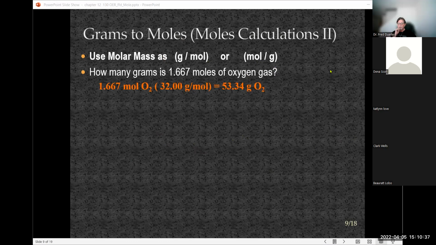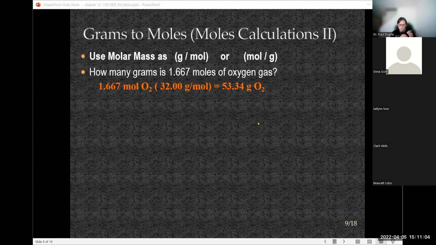So with that, you just plug it into the calculator, and you should have a number of 53.34 grams of oxygen. And so if you have 1.667 moles of oxygen, it has a mass of 53.34 grams. Okay. Again, the atomic weights, the molar masses, are not utilized in determining the number of sig figs.